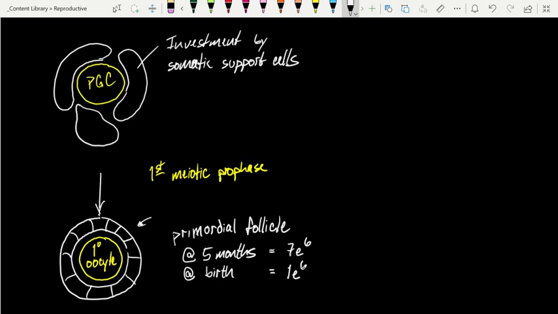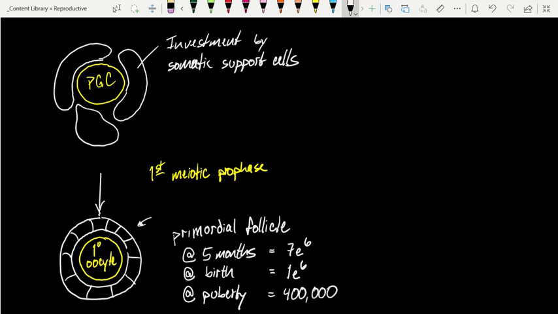Assuming mechanisms of natural selection that we don't truly understand, there's a significant die-off of many of these follicles. And then throughout the early stages of life, there's a continual drop-off in the number of primordial follicles, so that at the beginning of puberty, the average young woman holds about 400,000 primordial follicles.